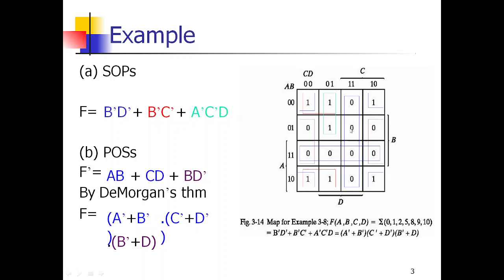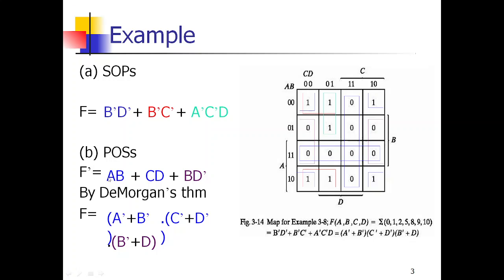See here, all the remaining min terms are plotted as 0 and we look for the possibilities of mapping. Here is a possibility of a quad, this is a quad, and this is also a quad. So three quads are obtained, so that we can write the Boolean function as f dash.